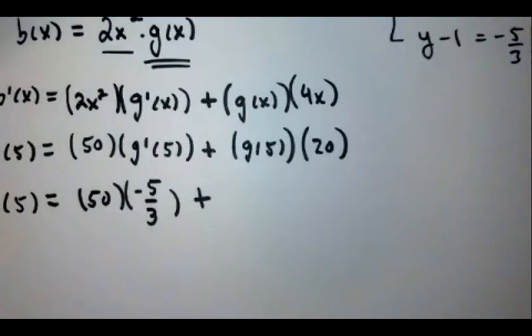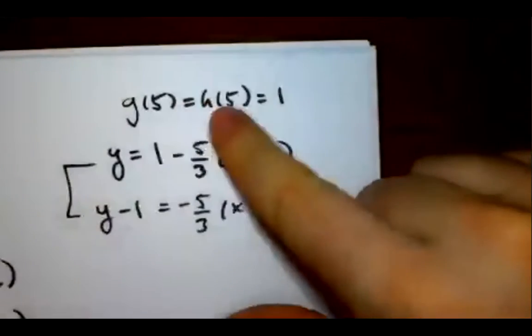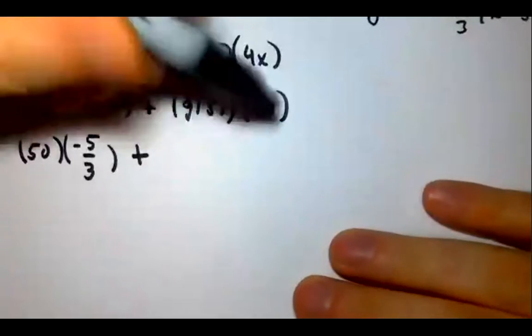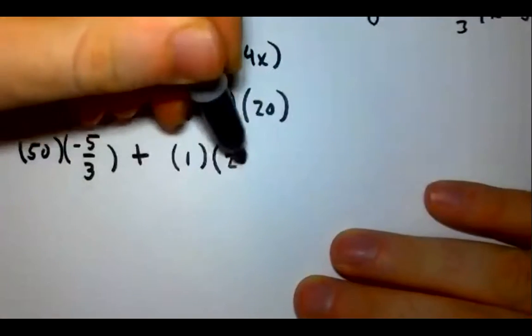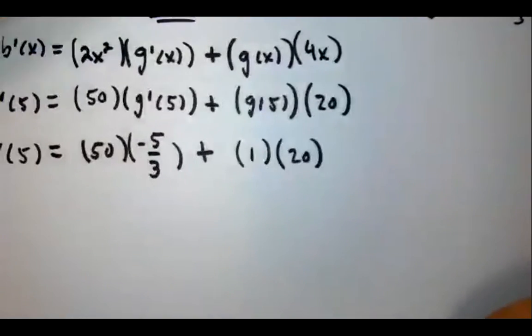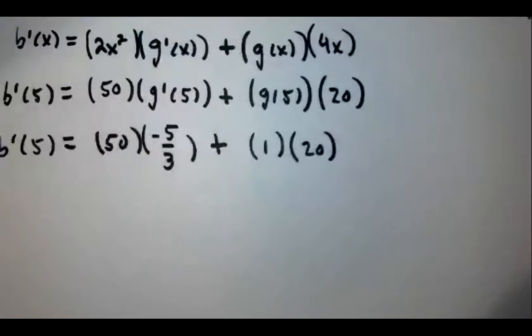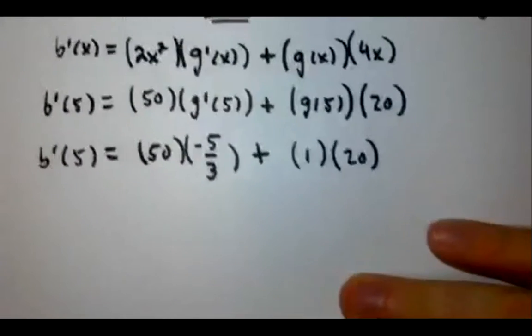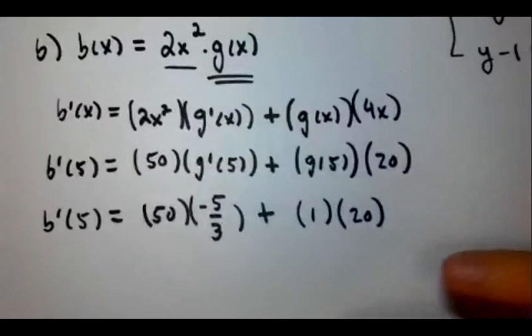We knew up here G of 5 is equal to H of 5, and both of those are equal to 1. So G of 5 is equal to 1, and then that gives us times 20. If you feel compelled to do that math, feel free, but you can stop right there. Any questions on part B?